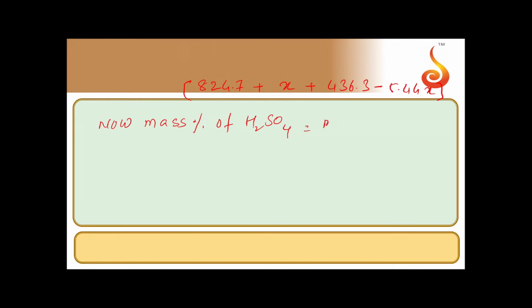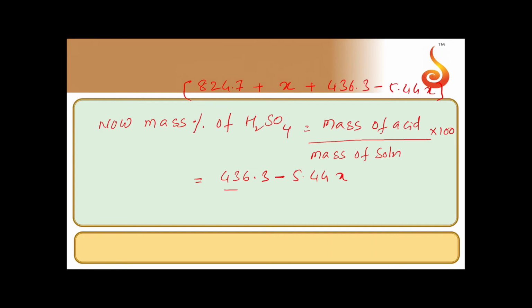For this we require the mass of acid left by the mass of solution into 100, which is equal to 436.3 minus 5.44x, divided by the total mass of solution, 824.7 plus x plus 436.3 minus 5.44x, into 100. This is the mass percentage of sulfuric acid left.